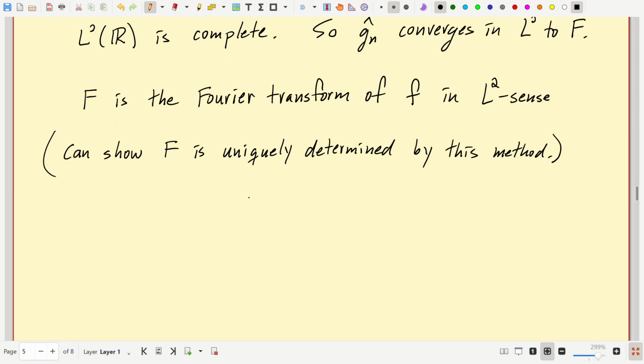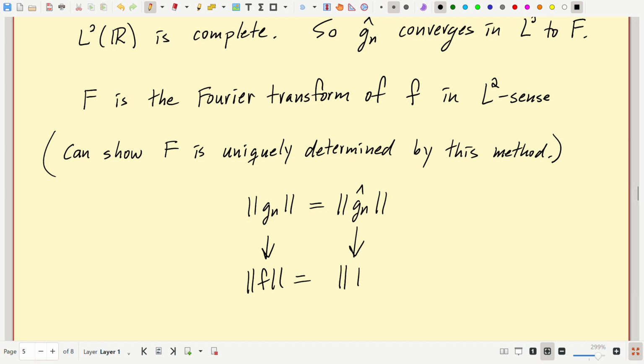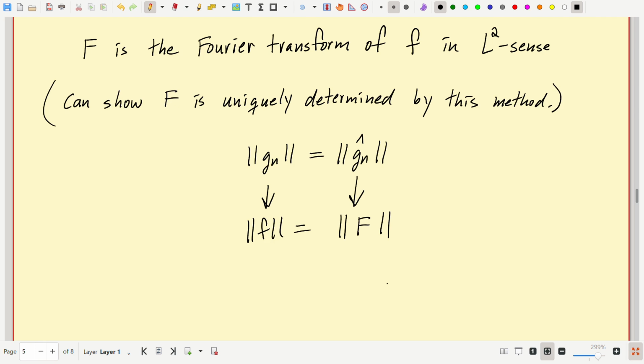And because I had that these Gn's satisfied the Plancherel identity, this would converge to f, and this would converge to the Fourier transform of f. So from now on, I would call this thing f hat, for f in L2.